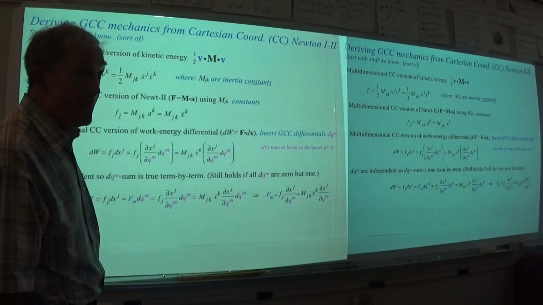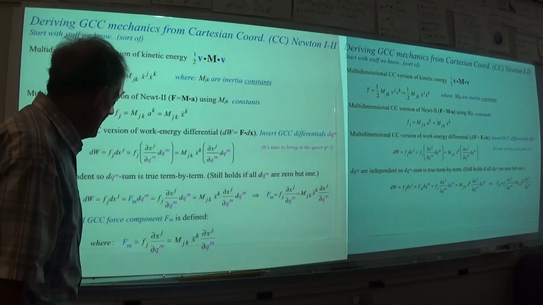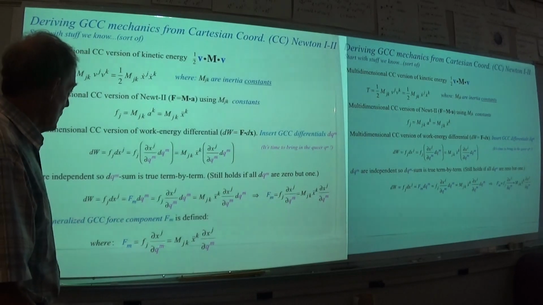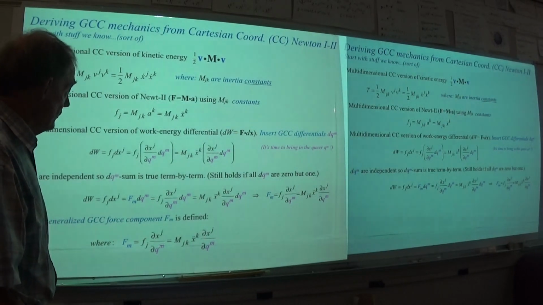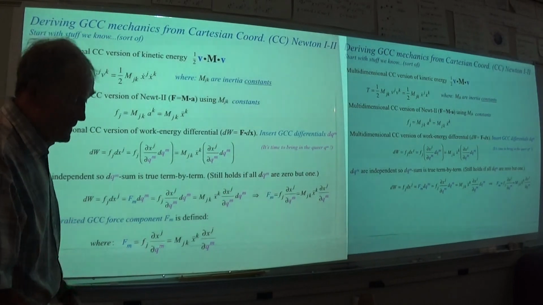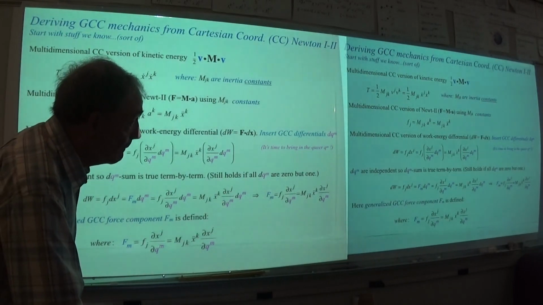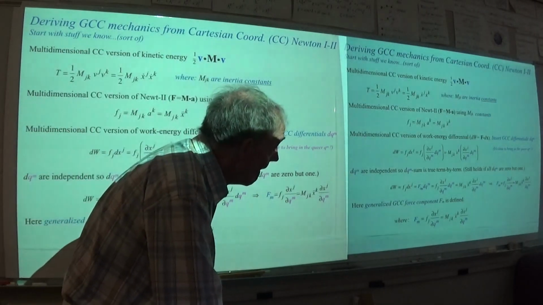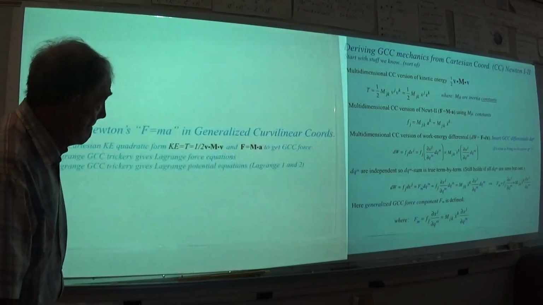So far so good? Okay. This is what we're after. We have here the generalized GCC force component defined. Okay. And put that up everywhere here. Okay, that's the next thing we need to do right there. And so let's do it.